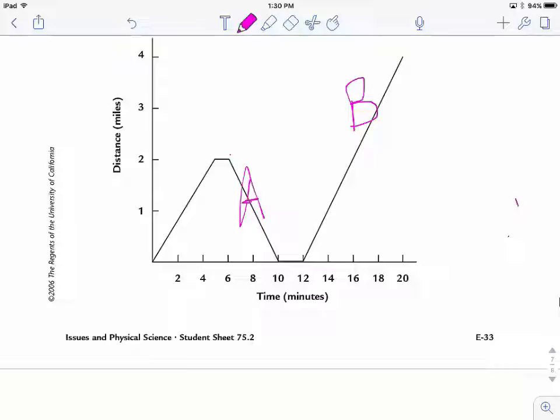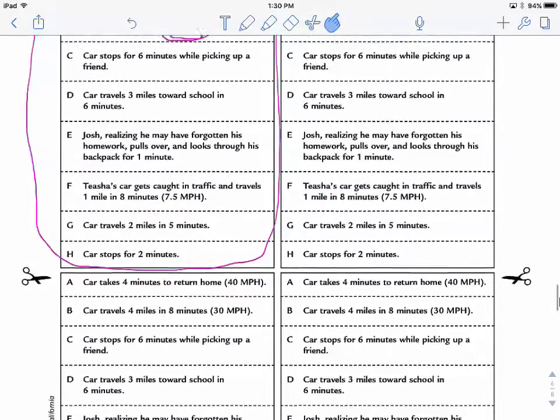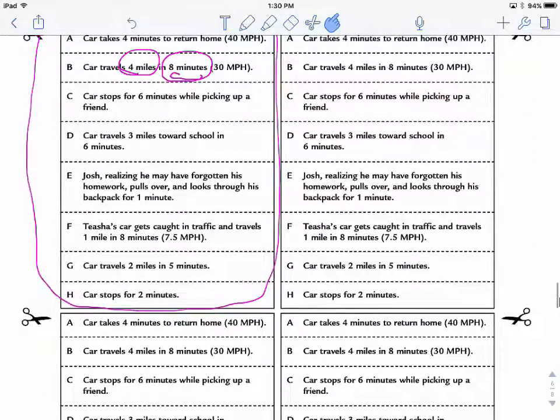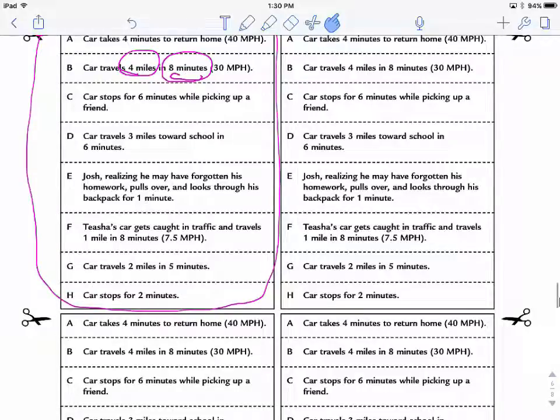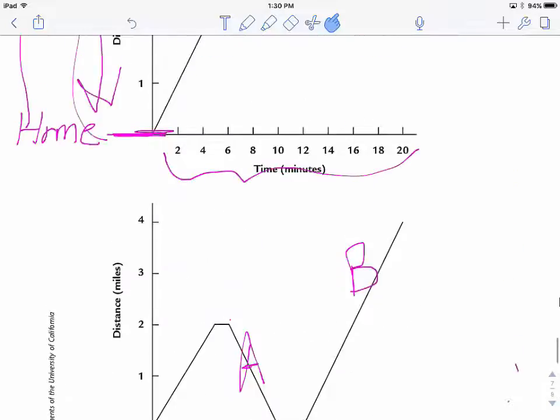All right. Let's do the next one. Let's look at C. C says a car stops for 6 minutes while picking up a friend. Picking up the friend really is just in there for story purposes. It's the 6 minutes. So where do we have a car stopping for 6 minutes?